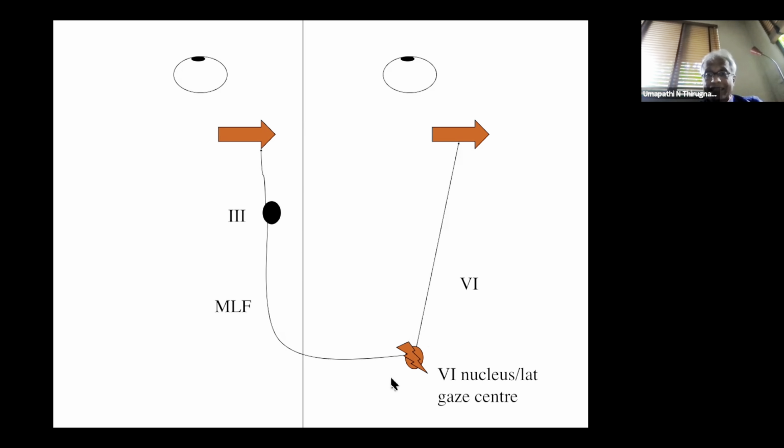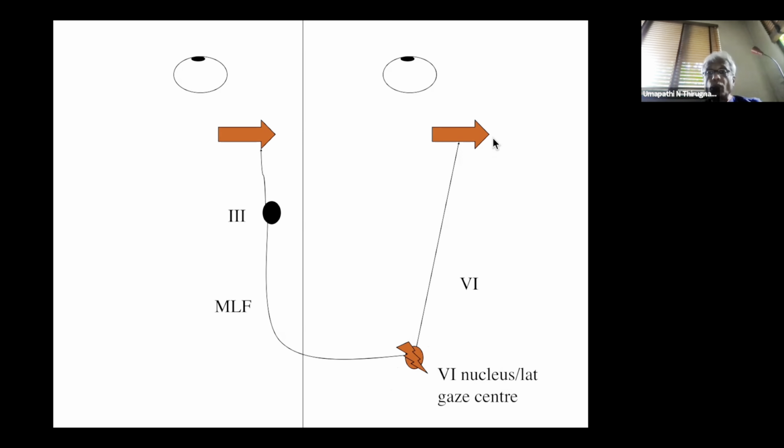So likewise, the 6th nucleus that's located in the pons, not only does it have cell bodies that control the 6th nerve, but it's actually controlling the whole of gaze to the left. So therefore, a synonymous name for the 6th nucleus is the lateral gaze center. Like the first patient, remember the very first patient with the carotidocavernous fistula 6th nerve lesion.